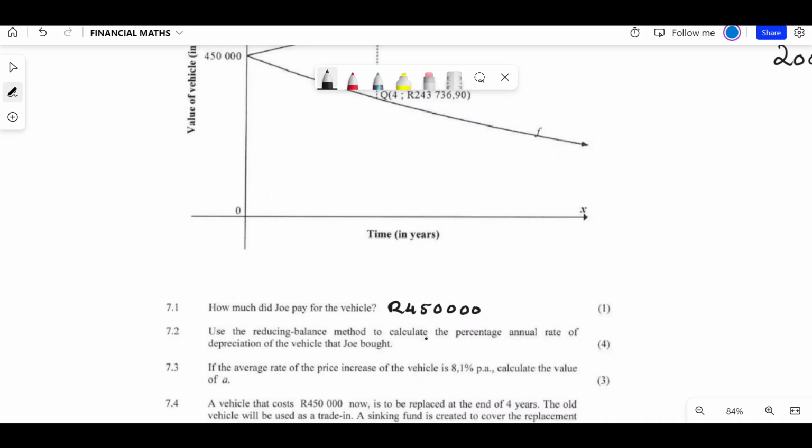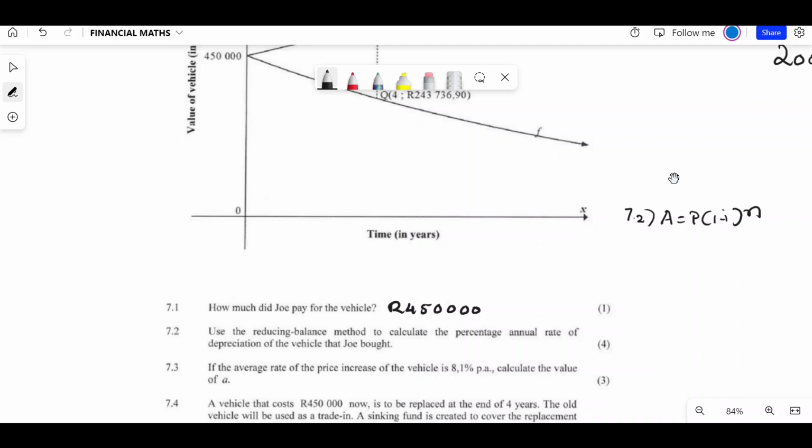Use the reducing balance method to calculate the percentage annual rate of depreciation of the vehicle that Joe bought. Okay, 7.2, we are going to use the reducing balance method. That means the formula now becomes A equals P times 1 minus i to the power n. Calculate the percentage annual rate of depreciation. So you must have the A, the P and the n. All that you don't know here must be the i.